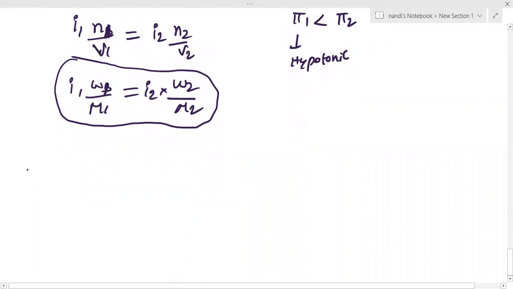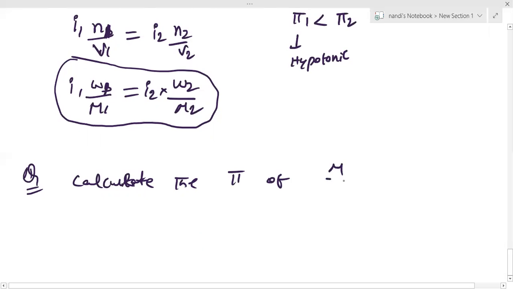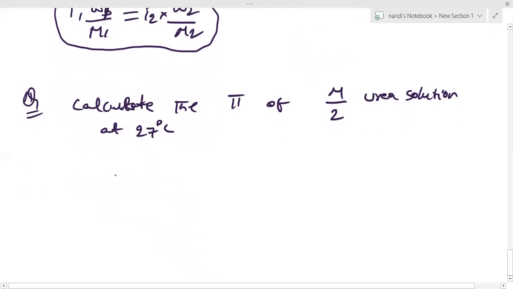You may find a number of numerical problems. So calculate the osmotic pressure of M by 20 urea solution at 27 degrees centigrade. How to use the basic formula, you can see. Pi equal to i into C RT is the basic formula. i is 1 for urea. Already mentioned the van't Hoff factor in my previous videos.